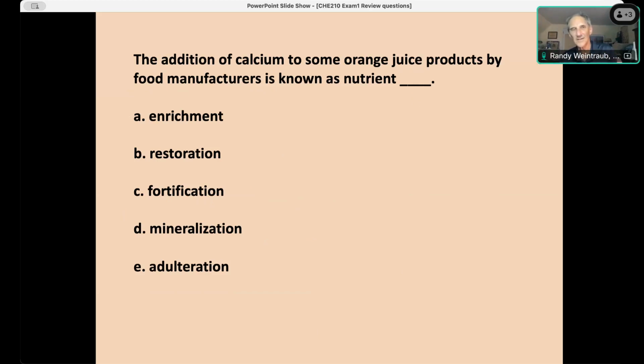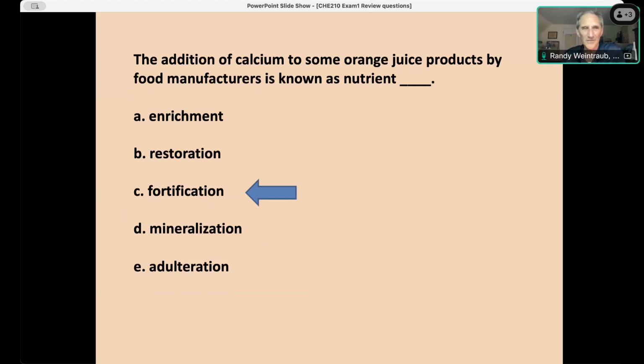For instance, orange juice doesn't usually have calcium, so that would be enriched with calcium. Well, that's right, fortified.